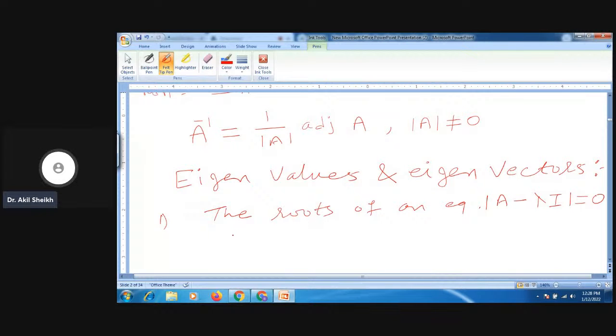The roots of the equation determinant of A minus lambda I equal to 0 are called the eigenvalues of the matrix capital A.